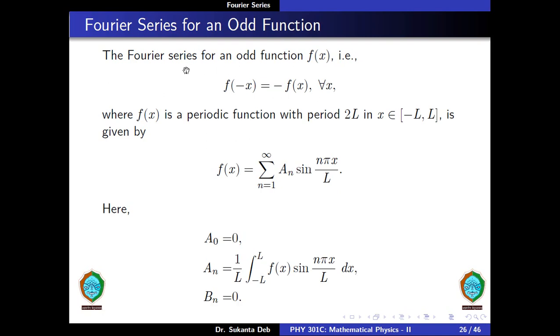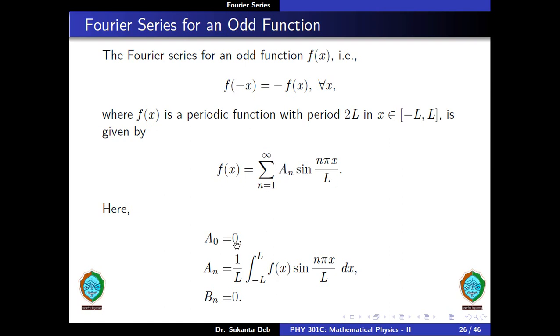Similarly, for an odd function, we know that f(-x) is equal to minus f(x). So the Fourier series for an odd function f(x), where f(x) is a periodic function with period 2l in the range minus l to plus l, is given by f(x) equal to only summation over n equal to 1 to infinity a_n sin(n pi x by l).